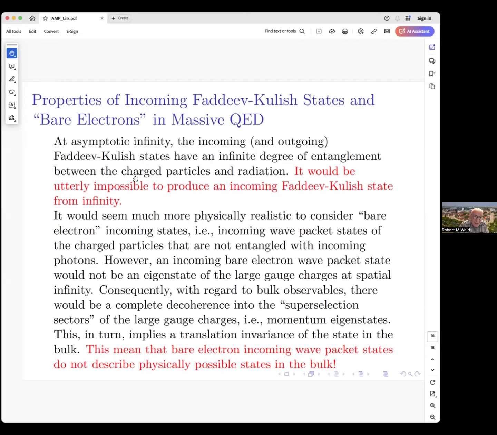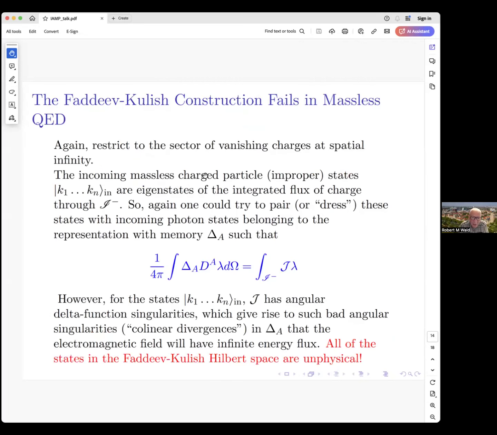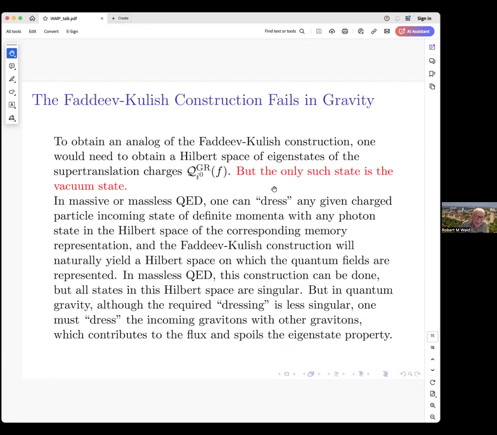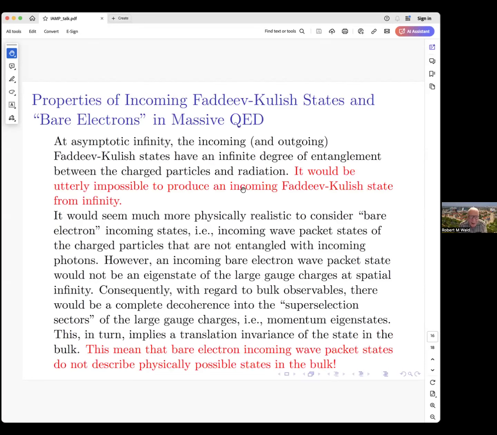So first of all, although you can mathematically construct these Faddeev-Kulish states, going back to this formula, there's an infinite degree of entanglement between the incoming massive charged particles and the incoming radiation. It's utterly inconceivable how you could send in a Faddeev-Kulish state from infinity.